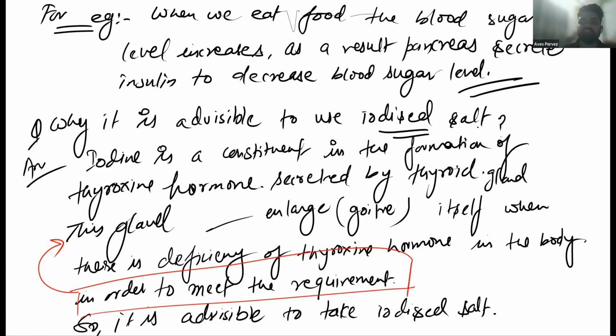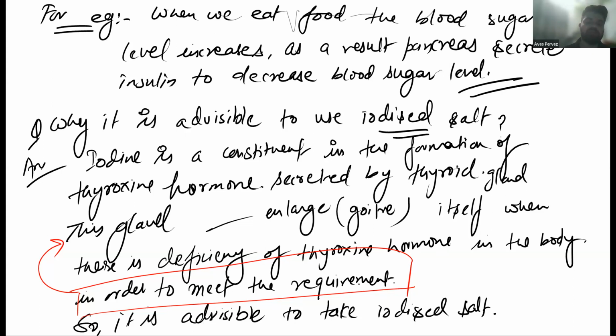Why is it advisable to use iodized salt? Iodine is a constituent in the formation of thyroxine hormone secreted by the thyroid gland. This gland enlarges itself when there is a deficiency of thyroxine hormone in the body.